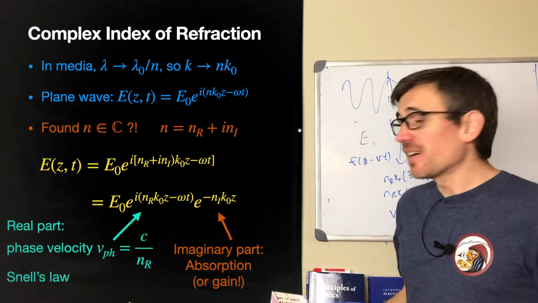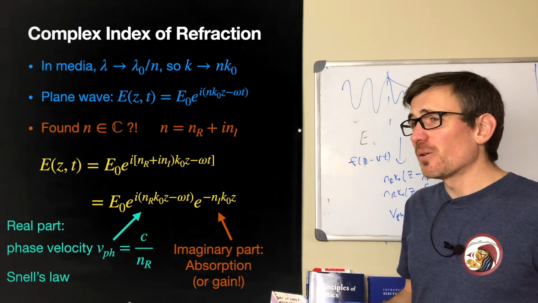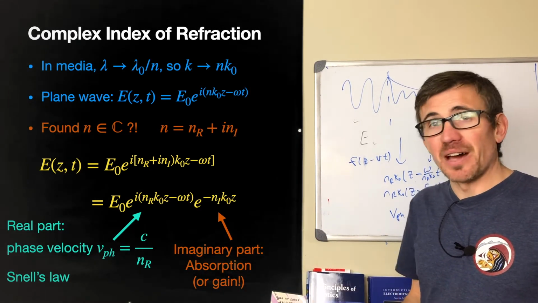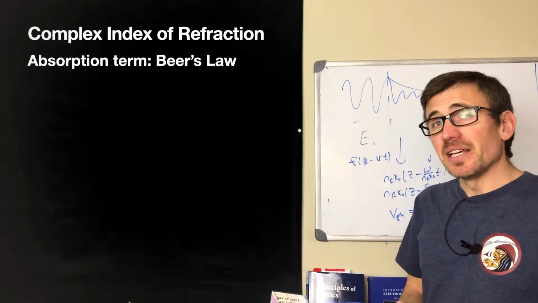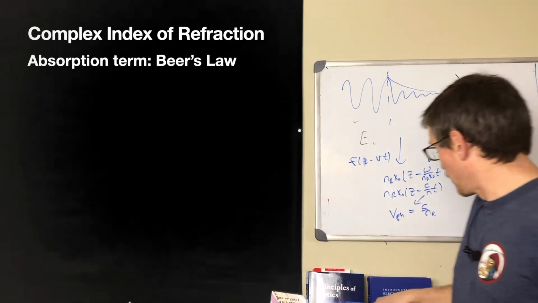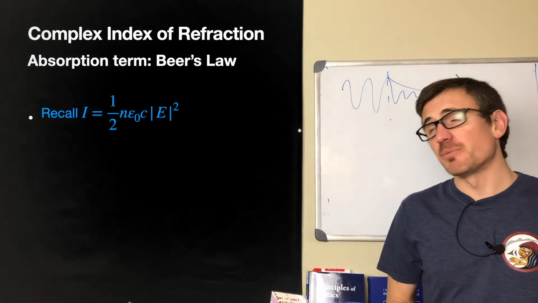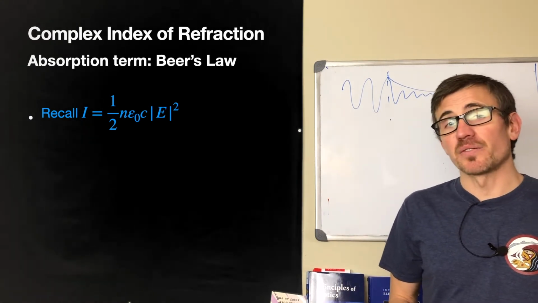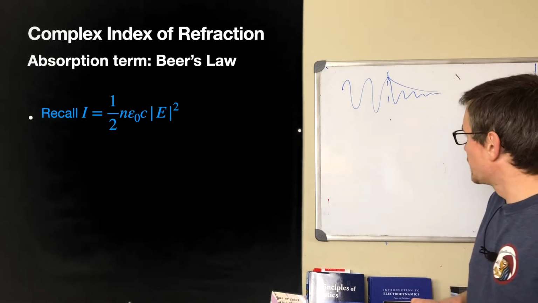Okay, so let's dig into this a bit deeper. In the course, we've mentioned a few times that we don't often measure the field, we measure the magnitude of the field squared, the time averaged intensity. So let's look at the intensity with this knowledge that we have about the index of refraction. If you remember the definition of intensity before, 1/2 epsilon naught c times the magnitude squared of the electric field, we can plug in our plane wave. Oops, I erased it, might as well write it again.